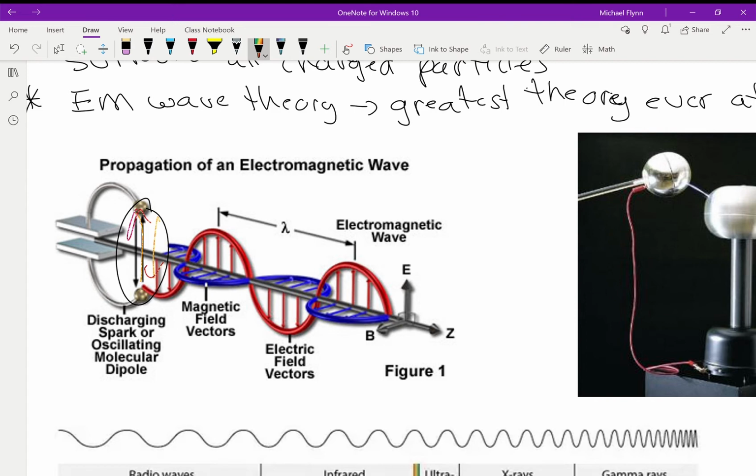We see that they're transverse waves. Okay, and that's why polarization experiments work. And they travel out from the disturbance in this manner, okay, at the speed of light. So here they will travel at the speed of light, 3.0 times 10 to the 8 meters per second in a vacuum or in air.